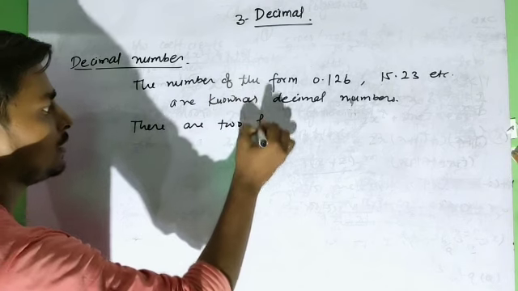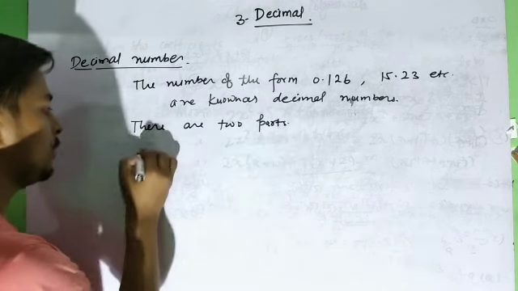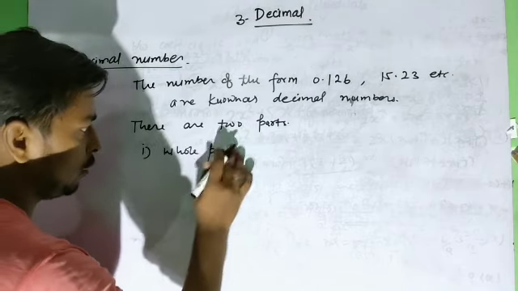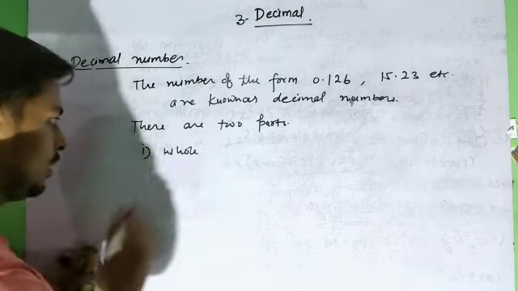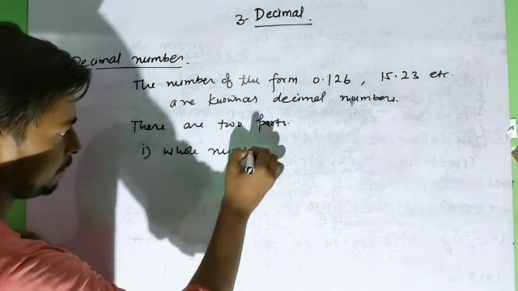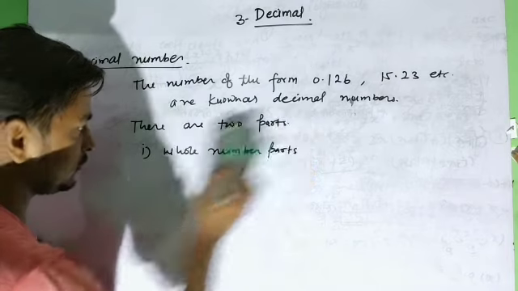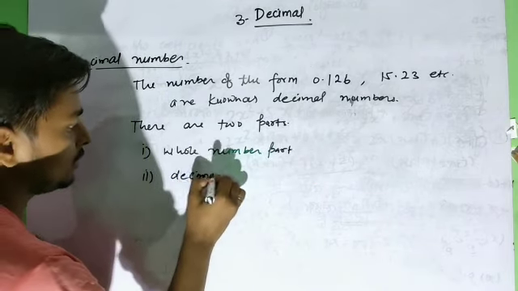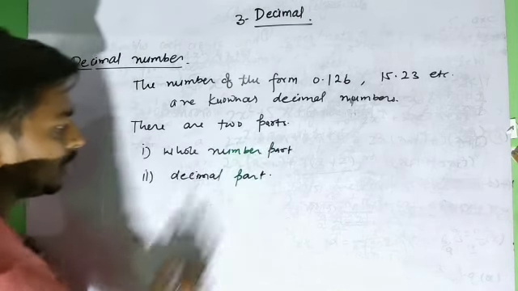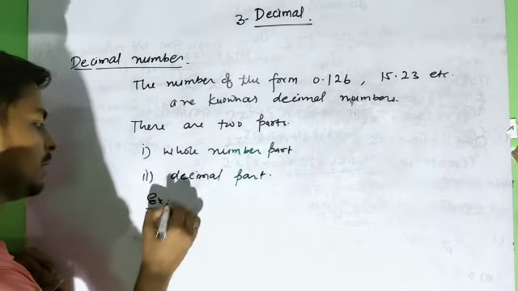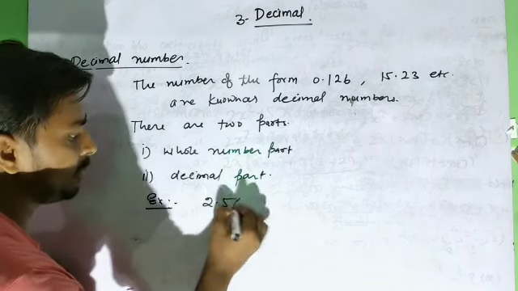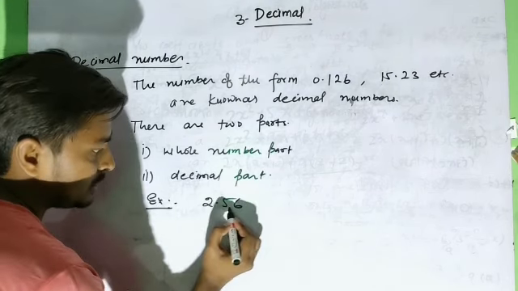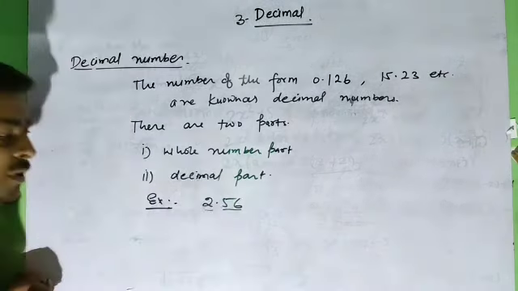Now here there are two parts. The first part is the whole part, or you can say the whole number part. The second is the decimal part. We will take this by an example, 2.56. Here there are two parts: one part is before the dot and one part is after the dot.